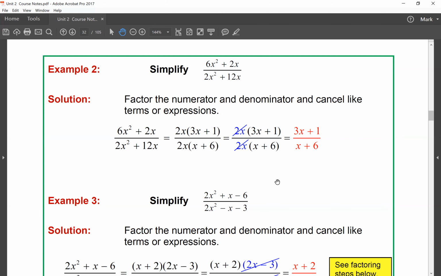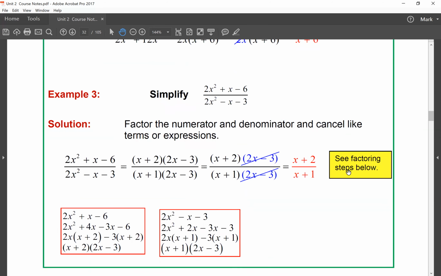Now, I will give you a warning. Sometimes the factoring will not always be so easy. For example, you might see a trinomial like 2x squared plus x minus 6, over 2x squared minus x minus 3. You might not always have the easiest rational expressions.